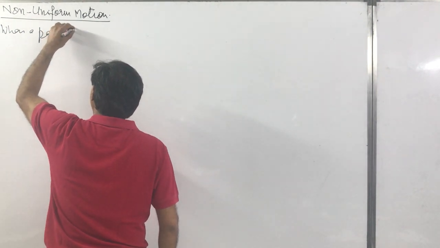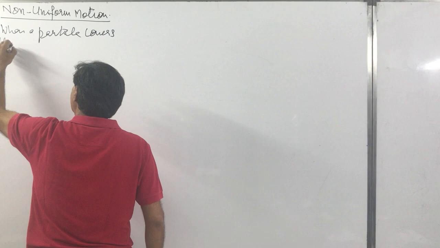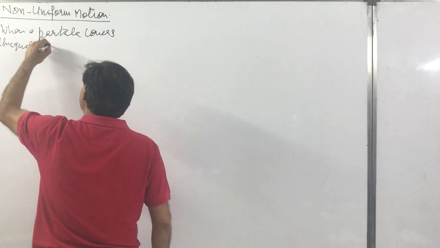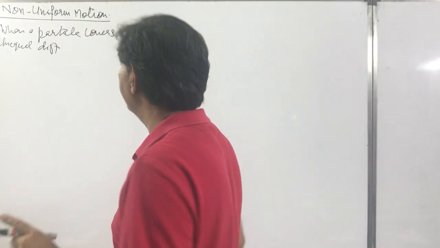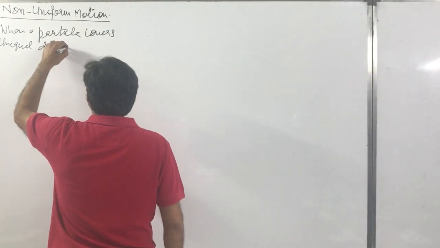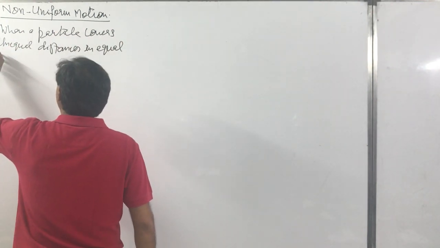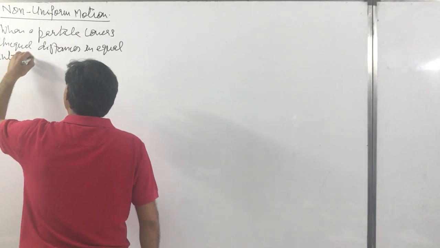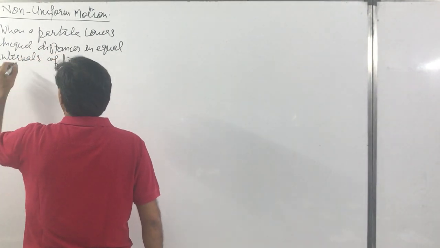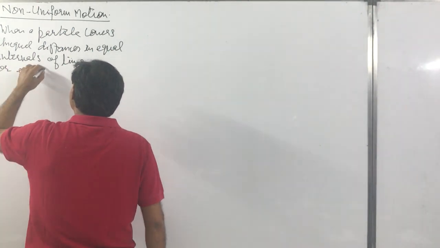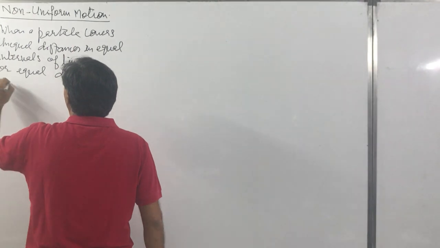When a particle covers unequal distances, and you must write it down in your registers, okay? Unequal distances in equal intervals of time, or vice versa, or equal distances in unequal intervals.